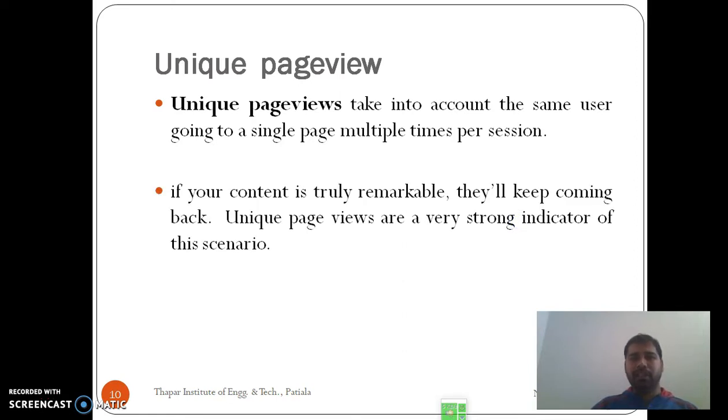And again, if the content on your website is remarkable, it's really good, then definitely users come to your website again and again, which actually represents the quality of your website. That's why we grade this metric as the grade C.